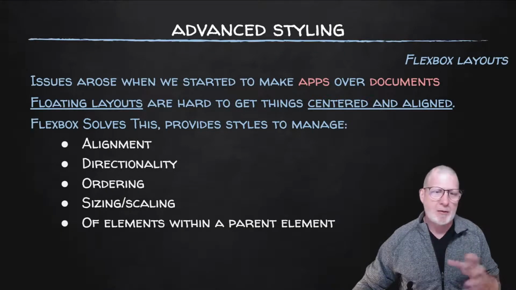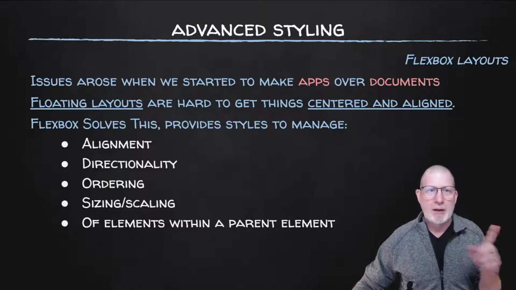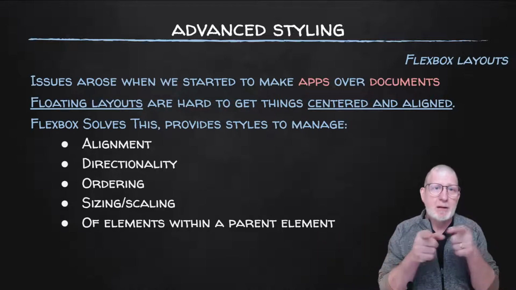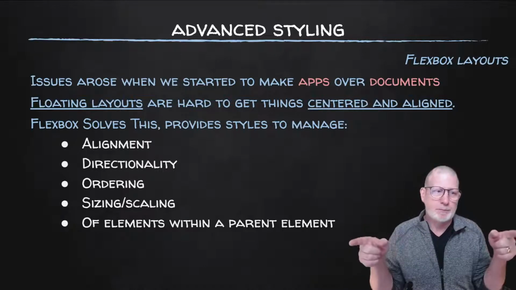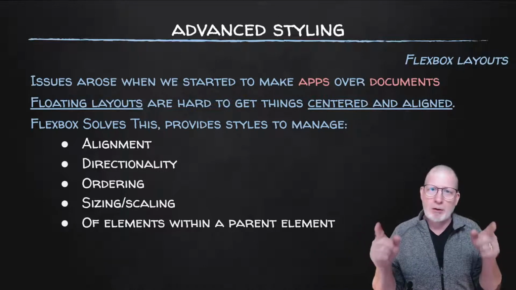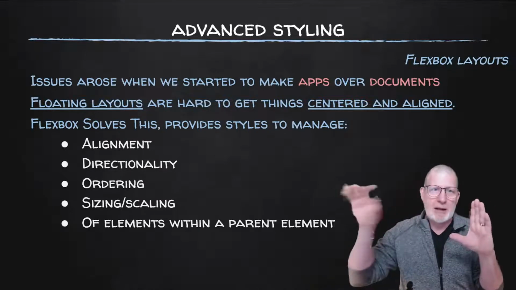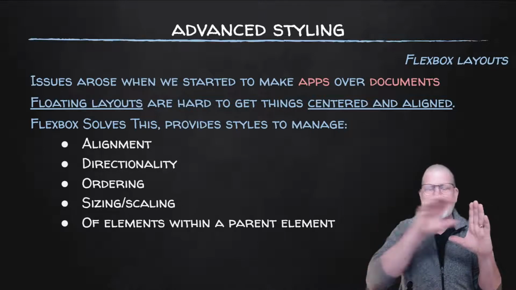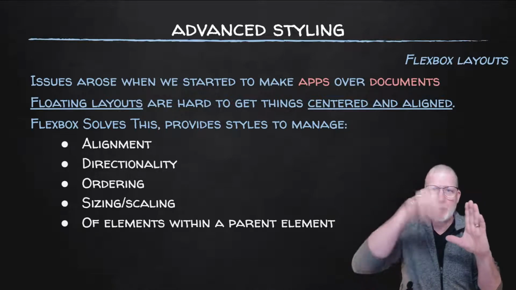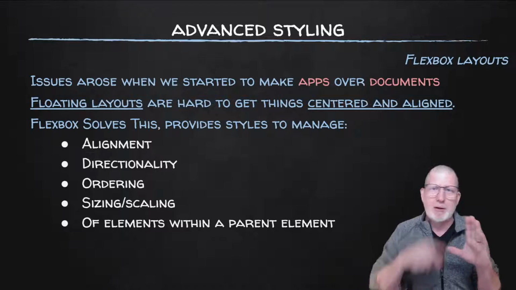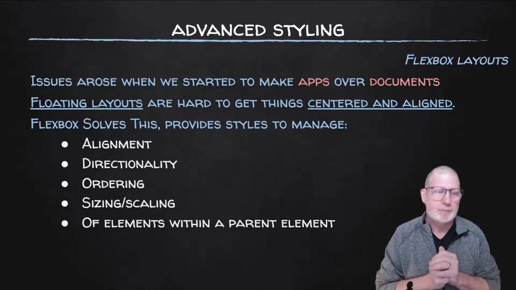With the new flexbox layout type, you get control over the alignment, centered, left, right, and spacing between them. You get control over directionality. So if I have a container and I have 10 little subcontainers inside it, I can decide whether they flow left to right or top to bottom. Do they go in columns or rows? And do they wrap or not?